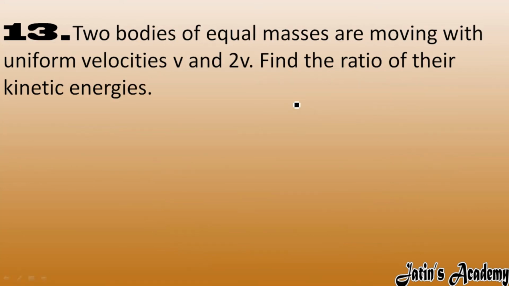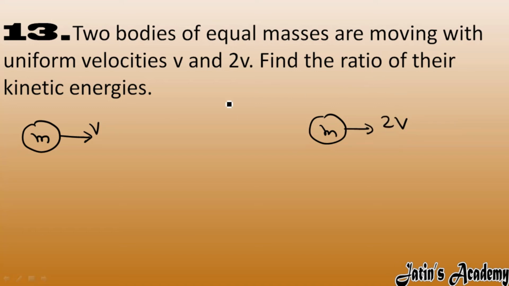Next we have two bodies of equal masses moving with uniform velocities v and 2v. Find the ratio of their kinetic energy. So two bodies having equal mass. The first body has mass m, the second body has mass m. The first is moving with velocity v, the second with velocity 2v. Now we have to calculate the ratio of kinetic energy.